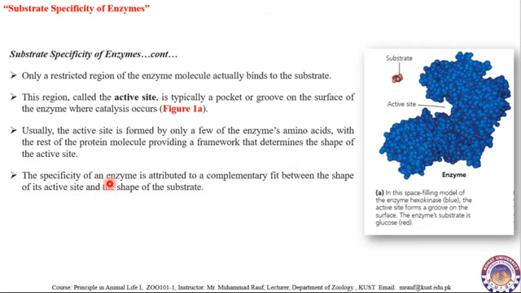The specificity of an enzyme is attributed to a complementary fit between the shape of its active site and the shape of the substrate.